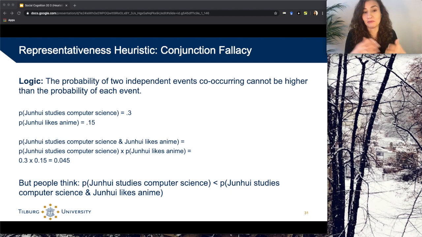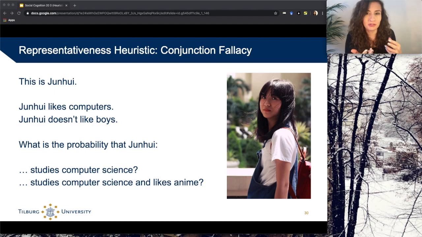Because some believe that Junhui studying computer science and liking anime makes her more representative, it feels more stereotypical of this Asian girl who doesn't like boys and likes computers, as described in this tiny short description. It makes her more representative of the category, and therefore the probability assigned to this option is judged to be higher. Right? So of course this is a terribly stereotyped view, but it seems like we make these cognitive errors.